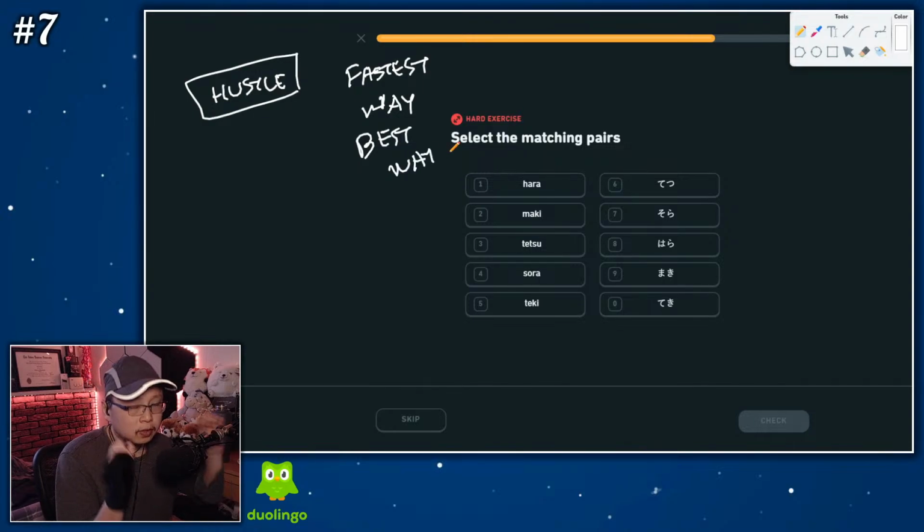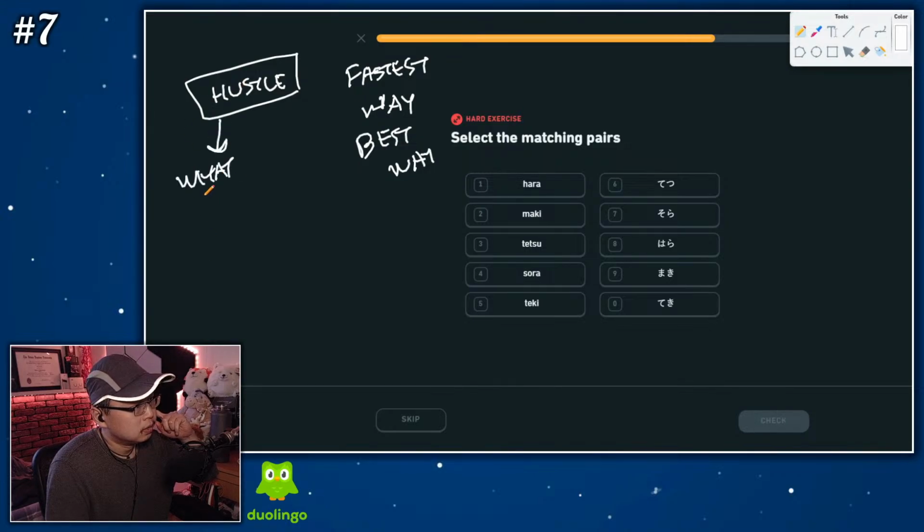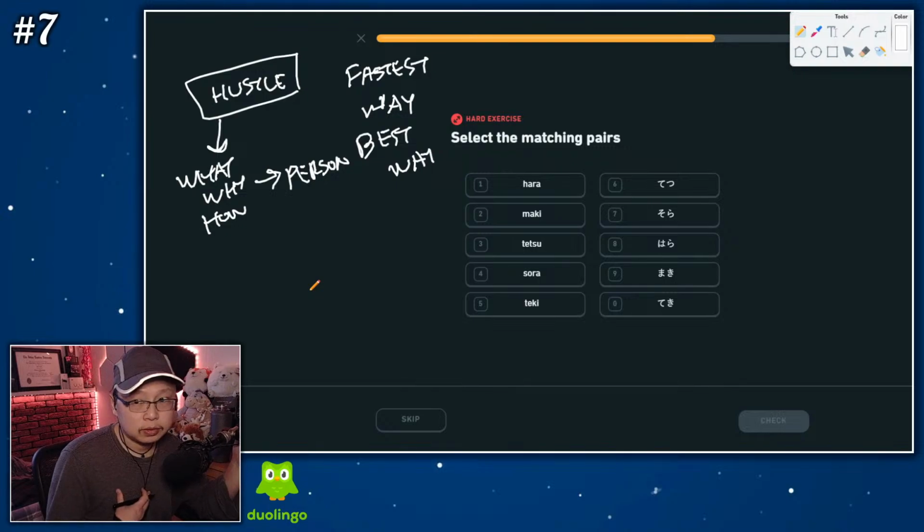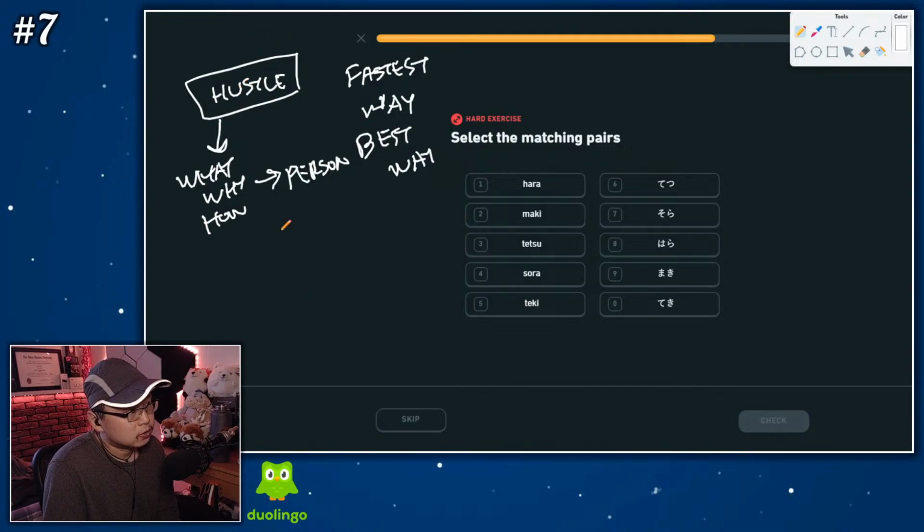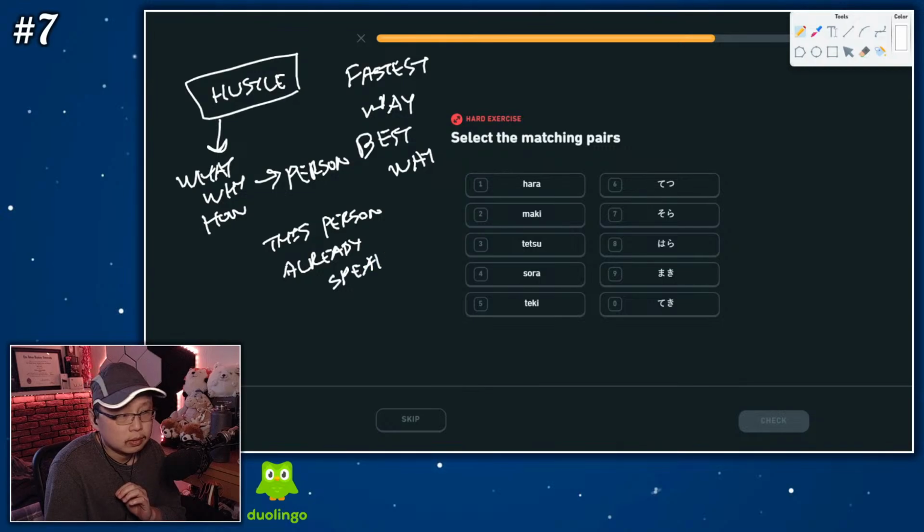The first thing you have to hear is if that person tells you the what, why, and how of the person itself. When someone introduces themselves and says, hey, I speak fluently in 5 languages, and here's how, the very first most important message you get is this person already speaks 5 languages. That is the biggest point.